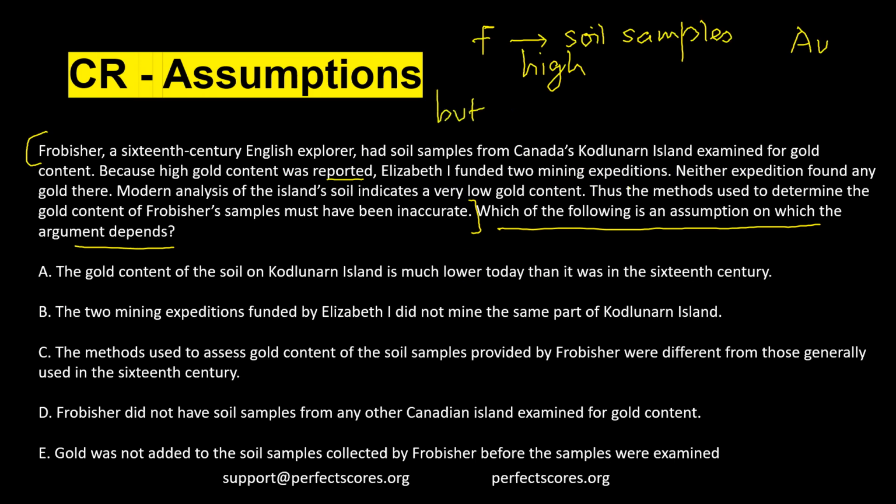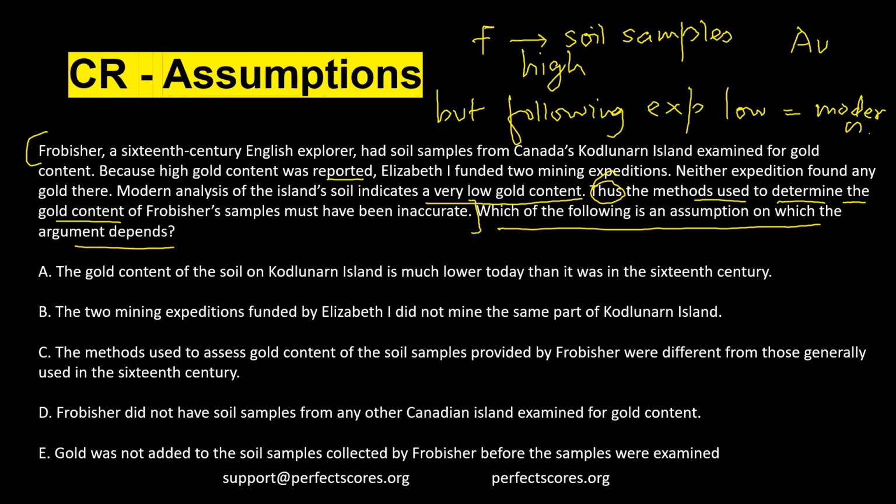So basically, the 2 following expeditions did not find any gold there. Modern analysis of the soil indicates a very low gold content, which matches these 2 later expeditions. Thus, this is where the conclusion starts: the methods used to determine the gold content of Frobisher's samples must have been inaccurate.